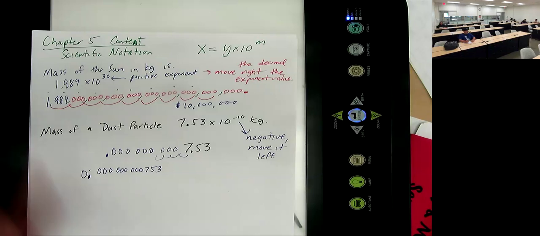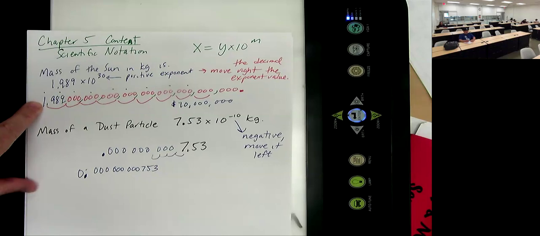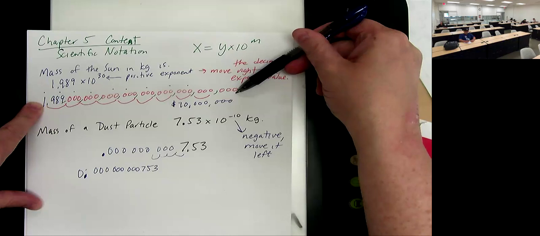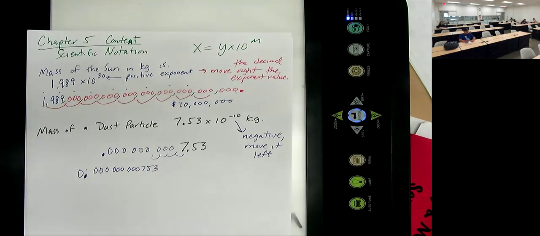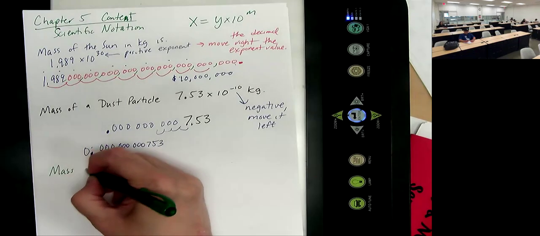That's why they use this notation. And you know what? The mass of the sun probably doesn't have zeros in these spots. Mass of the sun probably doesn't have zeros there.